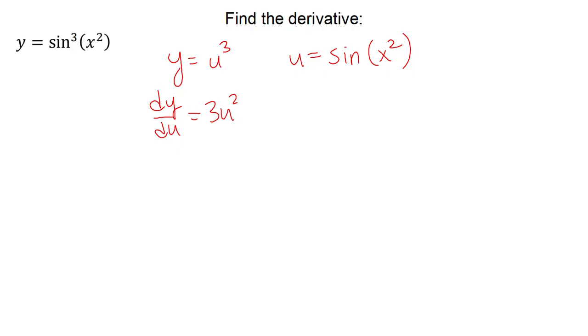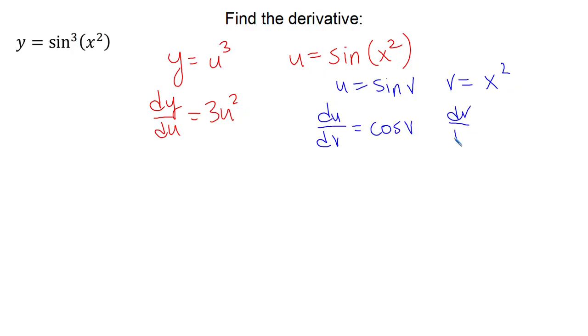But to find du/dx, that's a function within a function again. So we can rewrite this as u is equal to sine v, where v is equal to x squared. And so to find du/dx, we need to find du/dv, which is cosine v. And we need to find dv/dx, which is 2x using the power rule, and multiply those together.